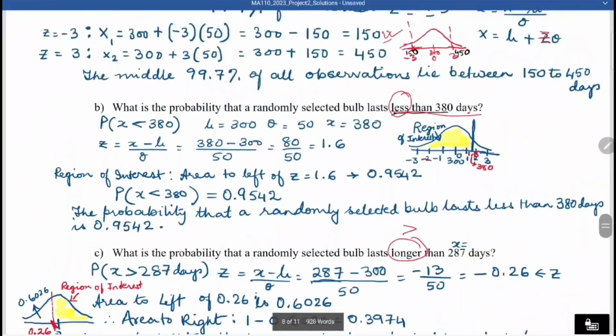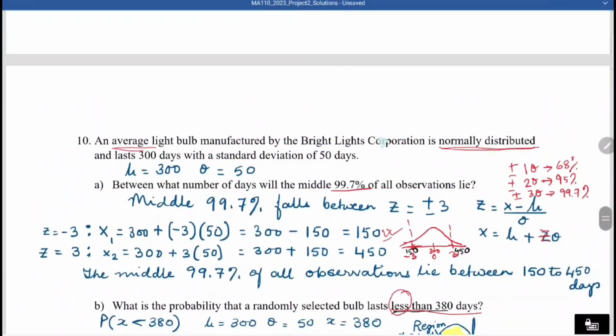But for this particular question, we are working with the population. Remember, we were using the population mean, mu equals 300. We are not working with samples in this case. And when that happens, the formula you use to find the z value is x minus mu over sigma.